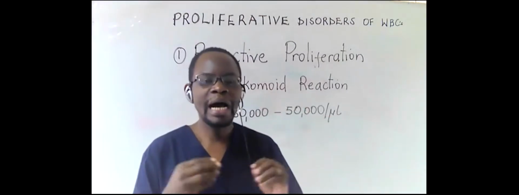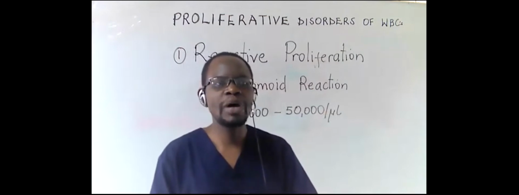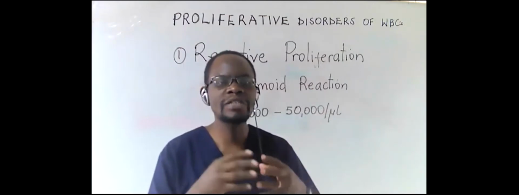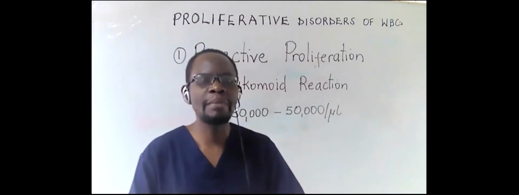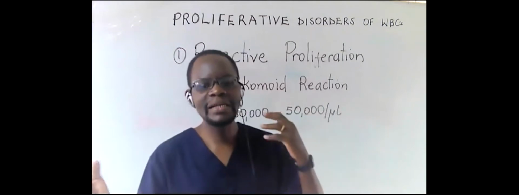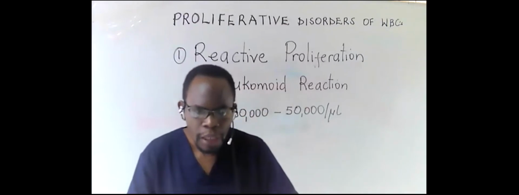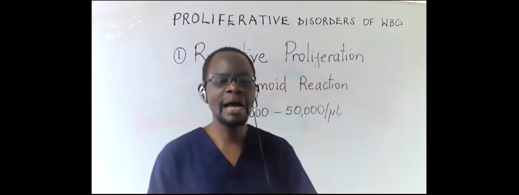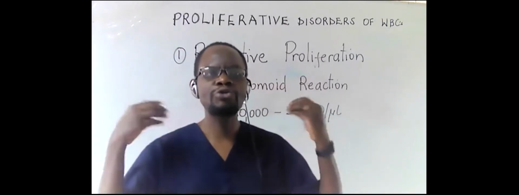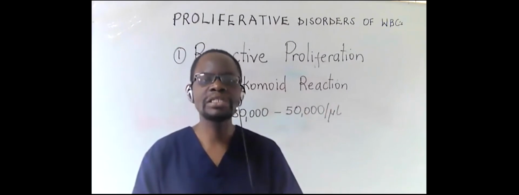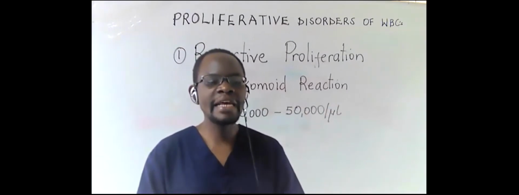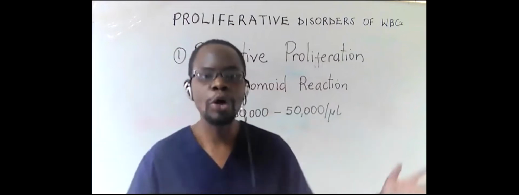Of course, some books say 4,500 to 11,000 per microliter, but again, it's not a very big discrepancy. Now, when you have an increment which does not go beyond 20,000 cells per microliter, that is referred to as a simple leukocytosis.